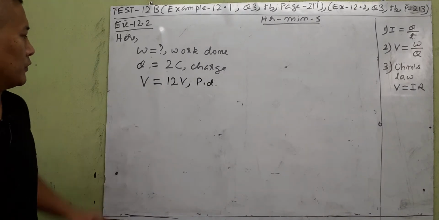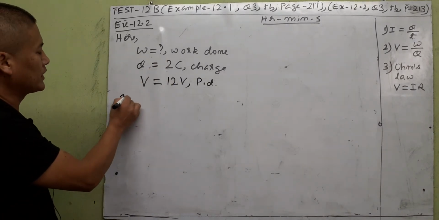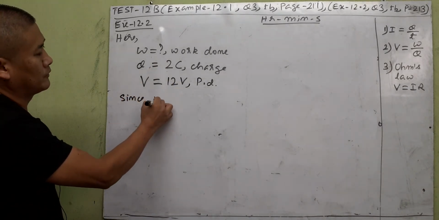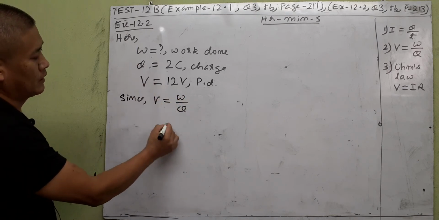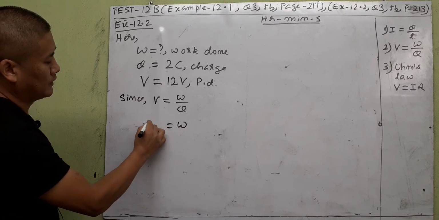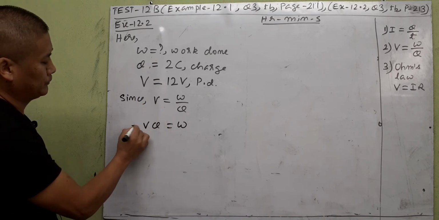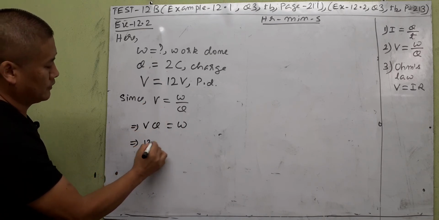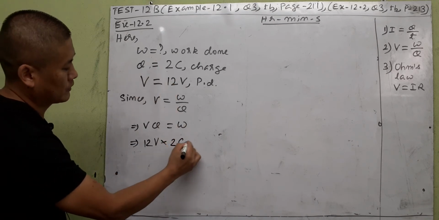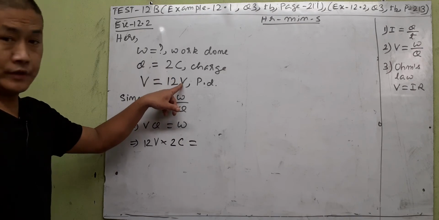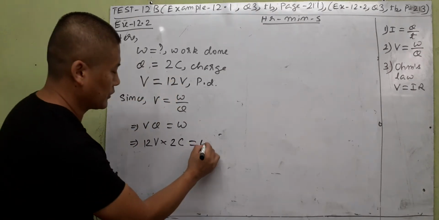So we have to find W. The first formula that will match is 2, V equal to W by Q, because V and Q are there, you see. So we want to find W, so V into Q. Q will go up. V is 12 volts, as you can see here. Q is 2 coulombs. We have to make sure everything is in SI units. Okay, that is called the work.